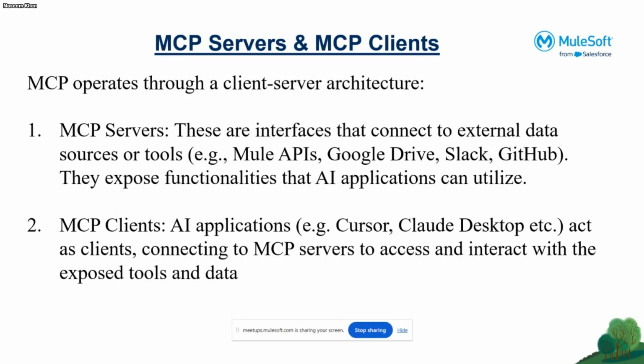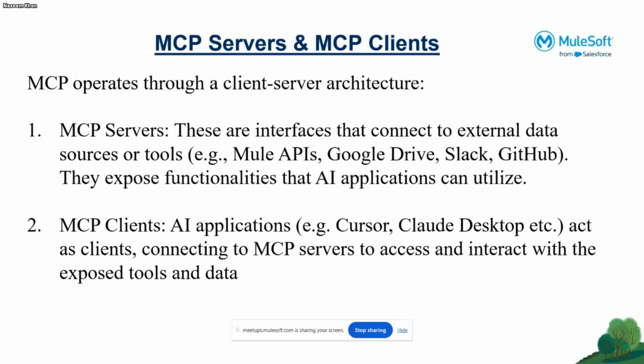So these are the interfaces that connect the external data and the functionality that an AI application can utilize. So in this example, we can consider the Mule API as an MCP server, and MCP clients, whoever will consume those, are AI applications like Cursor, VS Code, Bedrock, and any other AI agent.